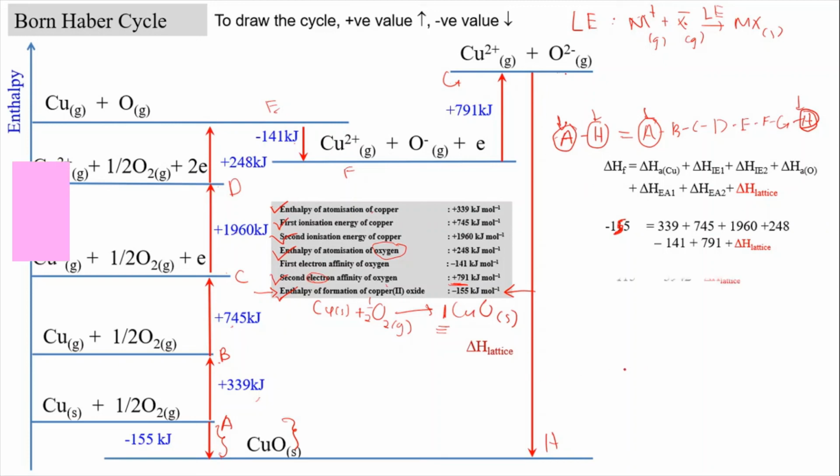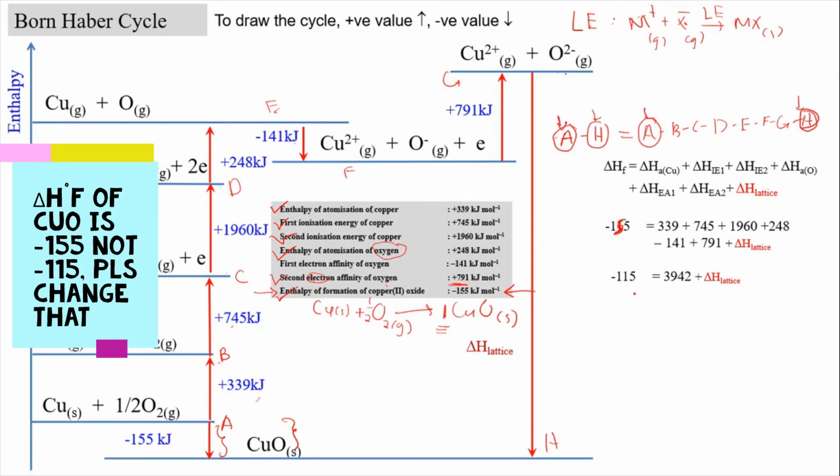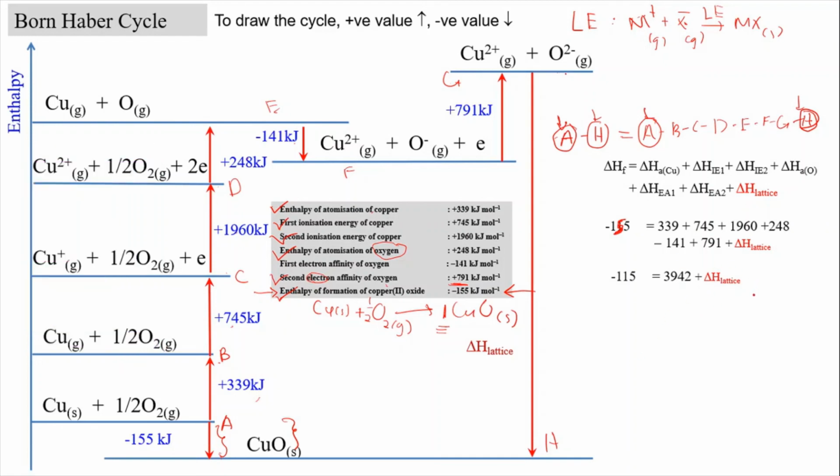So we will get negative 155 equal to 3942 plus delta H lattice. All right, so we need to find the lattice enthalpy, which is equal to negative 4097 kilojoule per mole.